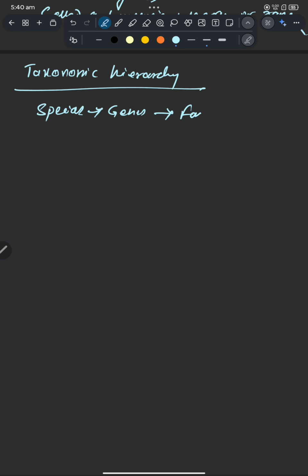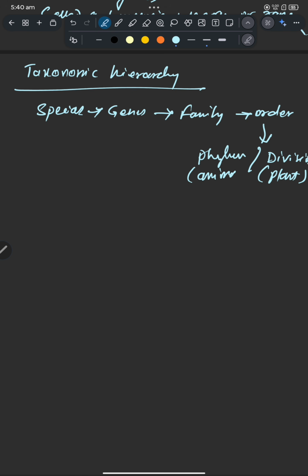family, then order, then phylum or division. So division in plant and phylum in animals. Then they belong to kingdom. Suppose you have identified an organism, then how to explain its hierarchy?